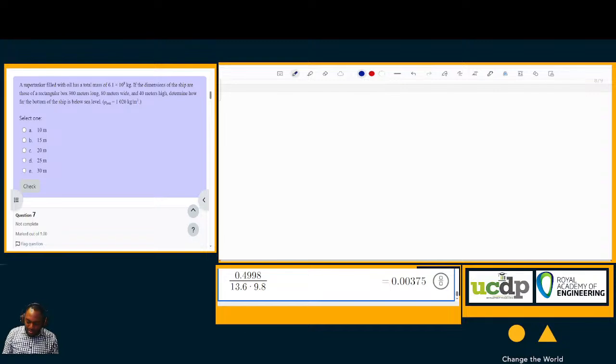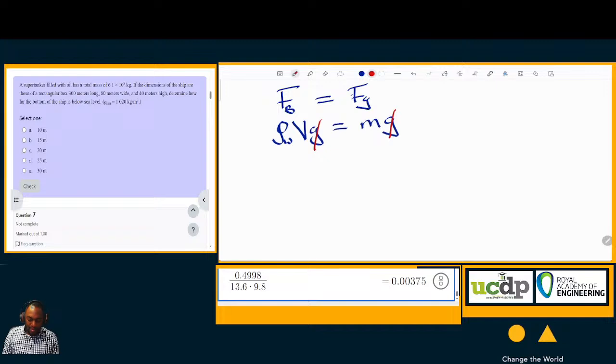So obviously this is just a question on buoyancy and weight. Identifying your two forces, you've got your buoyancy going up and your weight going down, which is your Fg, and your buoyancy is the density of water times volume times g, equals mg. You can cancel what is similar on the other side.